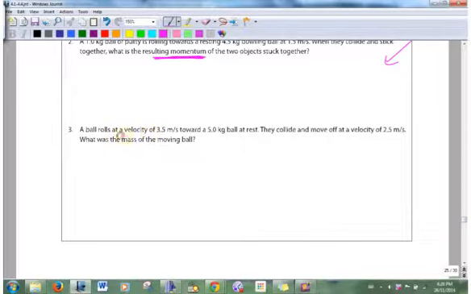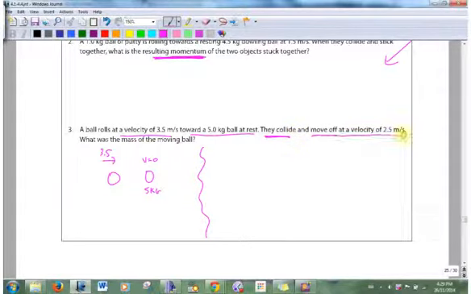A ball rolls at a velocity of 3.5 towards this ball at rest. Okay, 3.5 meters a second, 5 kilograms, and I know it's at rest, the velocity 0. They collide. Okay, after they move off at a velocity of 2.5. They move off.